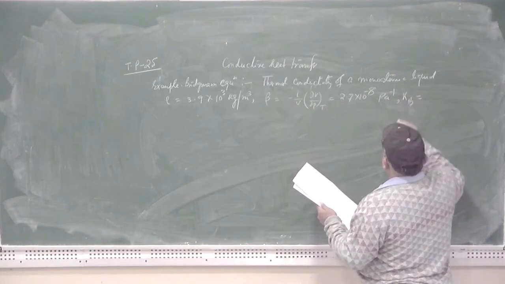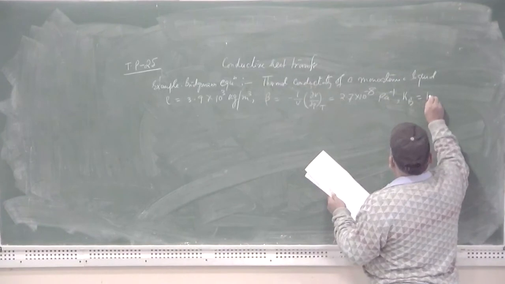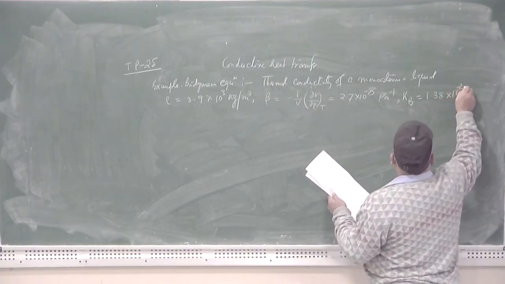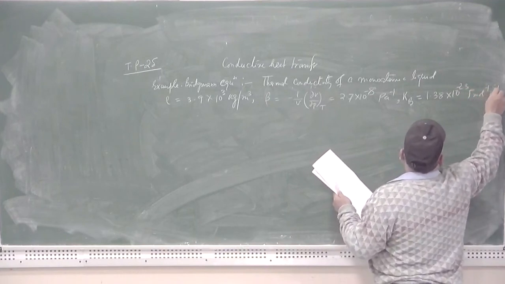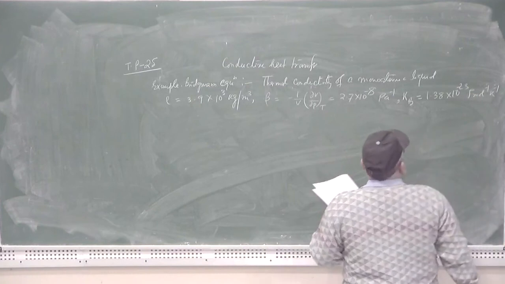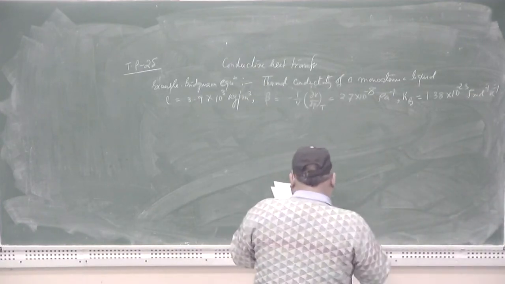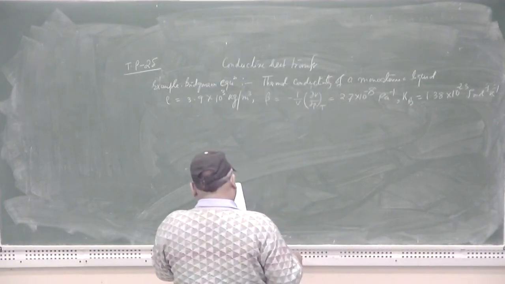The value of Kb, that is the Boltzmann constant, is 1.38 into 10 raised to the power minus 23 joule per mole per Kelvin. That is the unit of R by N. N is simply a quantity, so the unit is joule per mole per Kelvin.